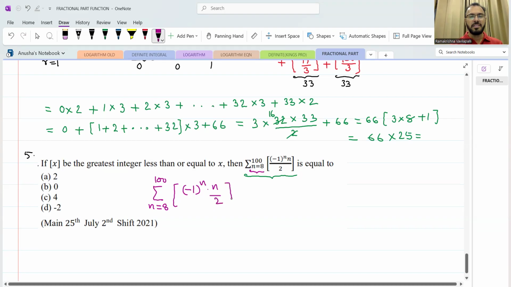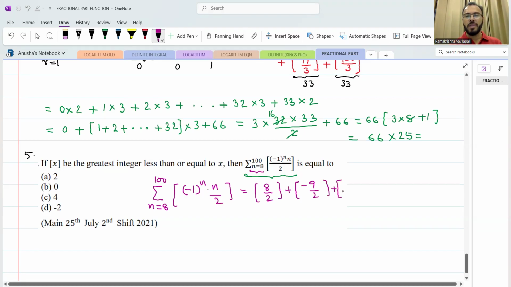This is the given summation. Now put n equal to 8. You will get 8 by 2. Put n equal to 9. You will get an alternate series. You will get minus 9 by 2.